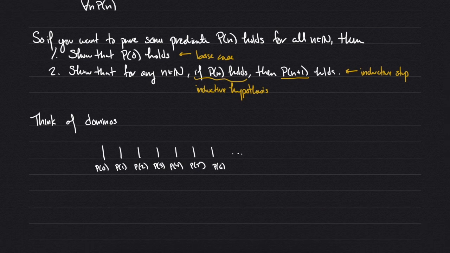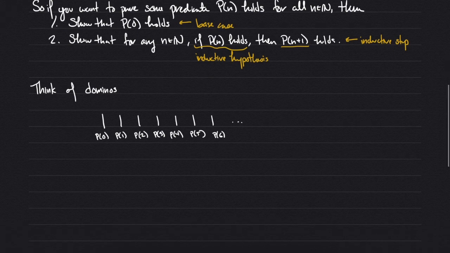Say we're thinking of this as proving each of these P of n's, but in our picture, we think of proving them as knocking over these dominoes.